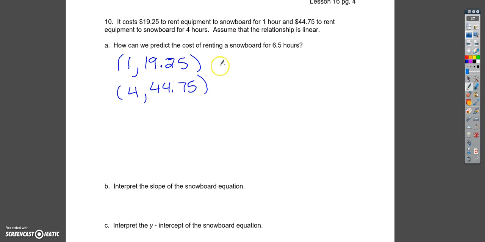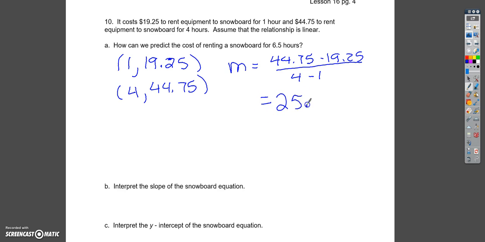So assume that it's linear, so we can find our slope, which is y2 minus y1 over x2 minus x1, which is $25.50 over 3, which becomes 17 over 2.